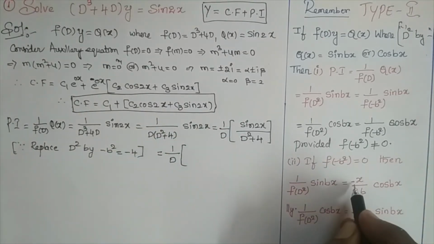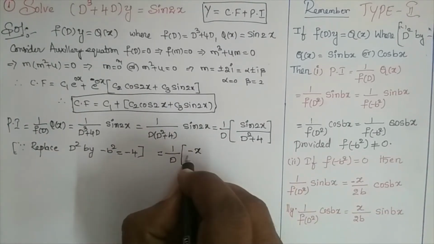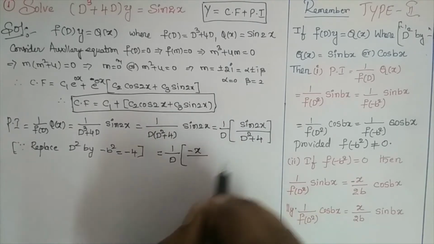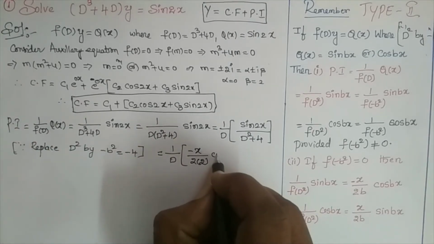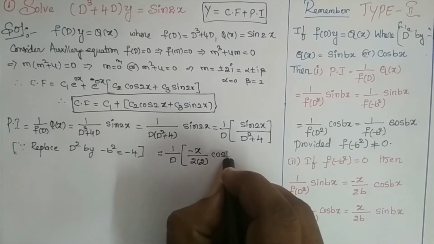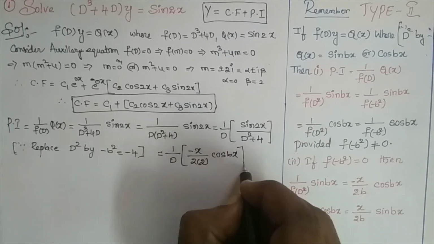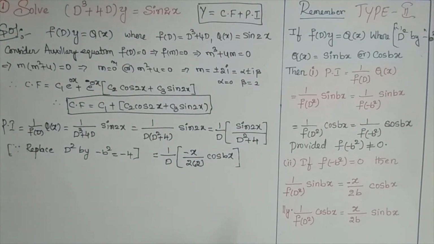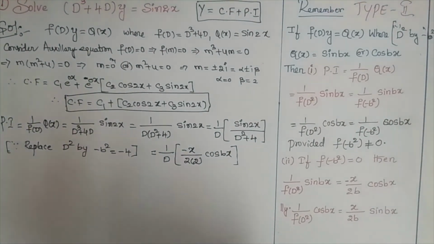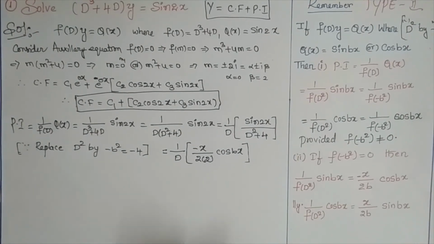This is equal to 1 by D as it is, and this is minus x by 2b. b is nothing but 2, so 2 into 2 cos 2x. So 1 by D into minus x by 2 into 2 into cos 2x.